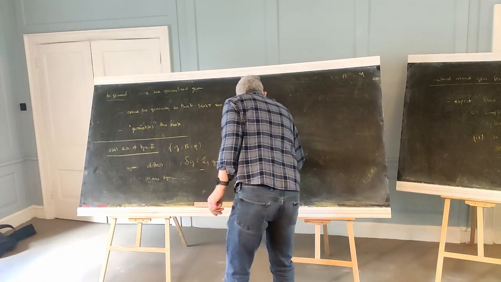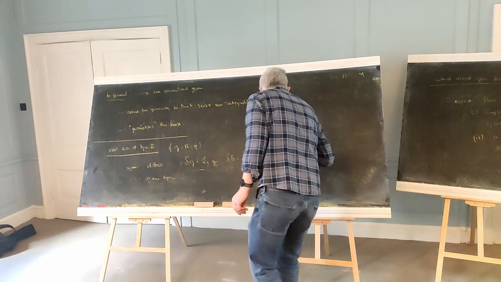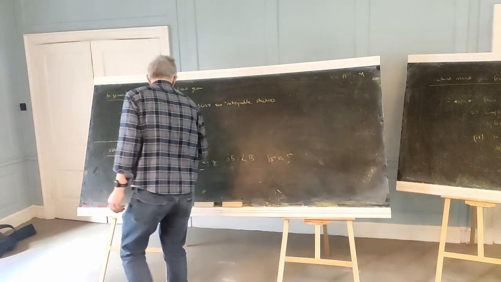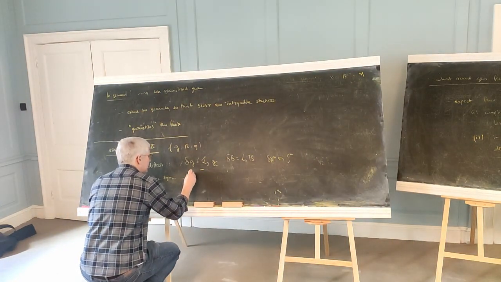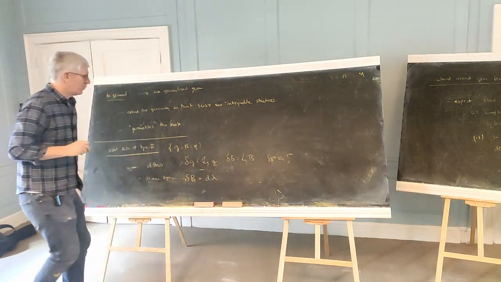You're just taking your coordinates and shifting them by a vector. And then there's also gauge symmetries, and under gauge symmetries, the B field transforms by the exterior derivative of a one form, right?